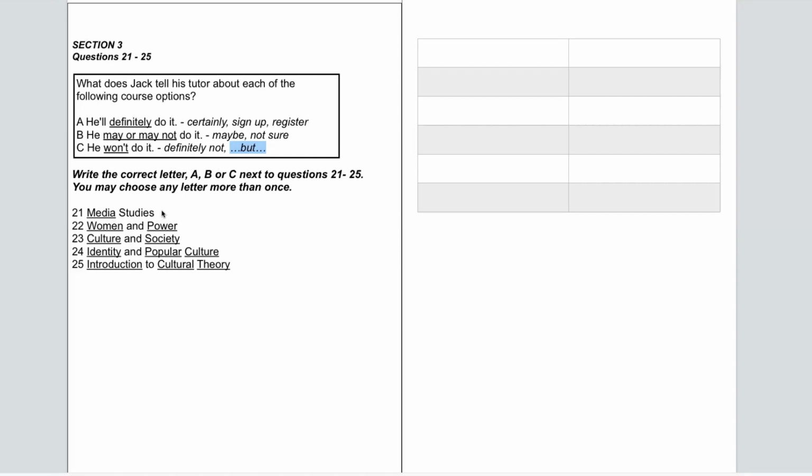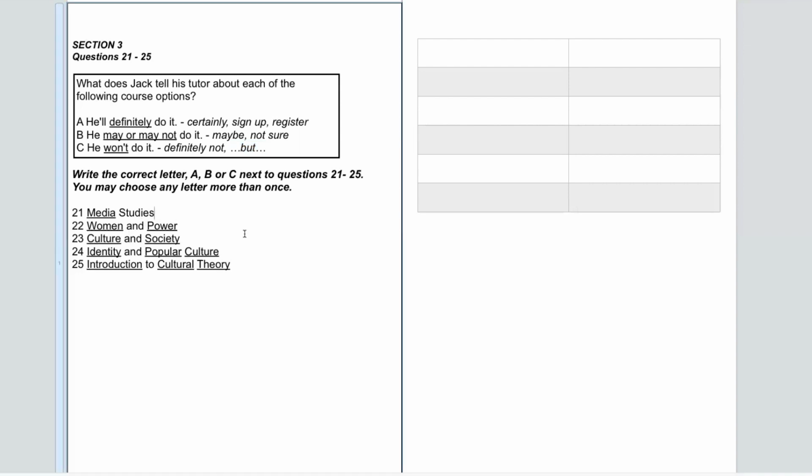So basically, many people would start with, "Oh, he wants to do it," and they would mark A without listening to the but and everything else that comes after that. This is why it is so important to keep nice notes, succinct without losing your train of thought and without losing the path of the speaker. We'll listen to this in just a minute.